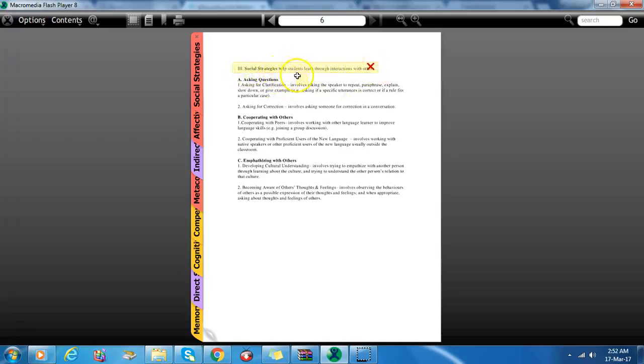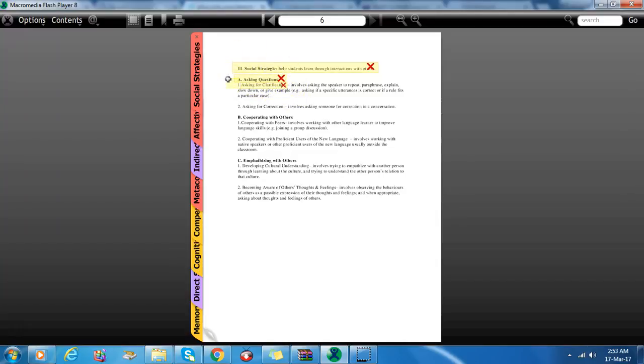Social strategies help students learn through interaction with others. Now there are three different ways listed under social strategies. A is asking questions. What do they mean by asking questions? It is asking for clarification. This is sufficient for me.